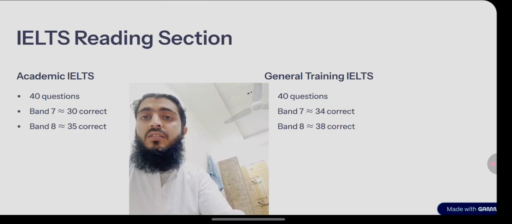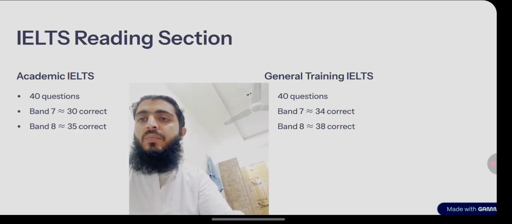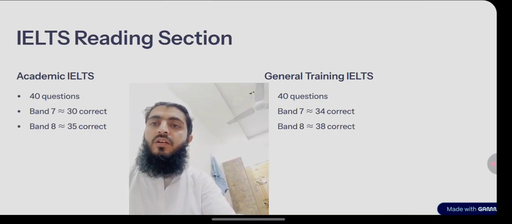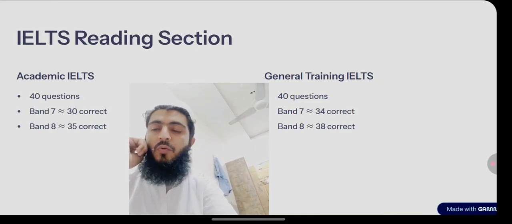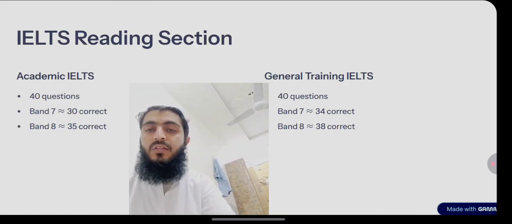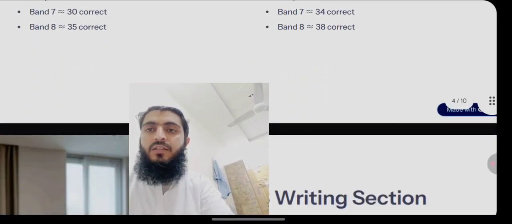It's just because IELTS General is a little bit easier compared to Academic. In Academic you will come across many things that are quite difficult for most students. So that's why, if you want 7 bands in General listening, you will have to answer 34 questions correctly. Okay, let's move on.